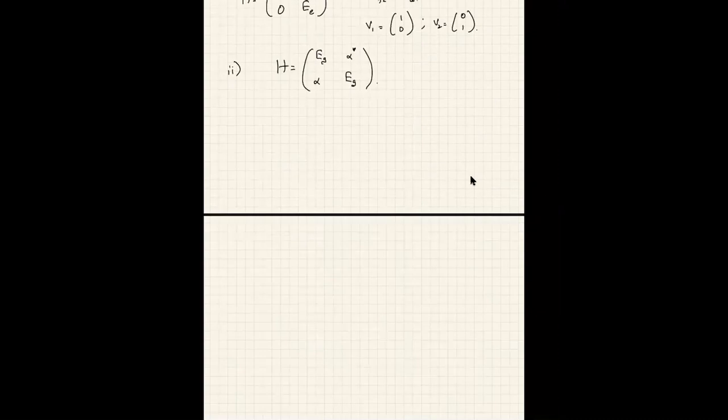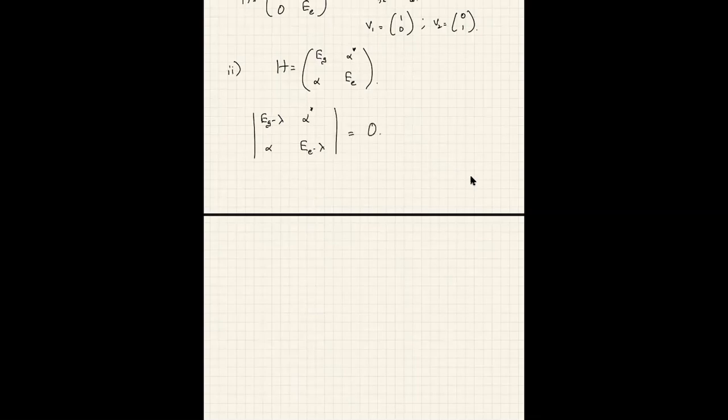First of all, now the non-diagonal elements are not 0. So we cannot simply read off the eigenvalues as EG and EE. So we have to solve the characteristic equation, which is EG minus lambda, alpha star, alpha, EE minus lambda, equal to 0.